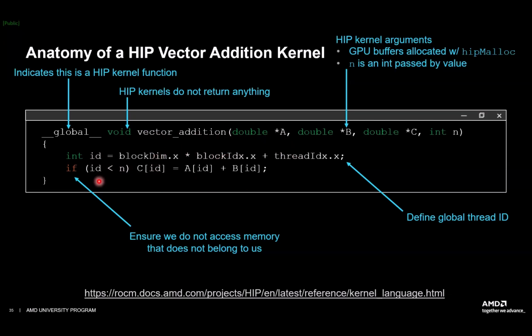And we have this if statement here to guard against going outside of our array bounds. So I mentioned that you might have more threads in your grid than you have elements in your array, if things don't divide evenly. So you just need to make sure you're not stepping on memory that doesn't belong to you.